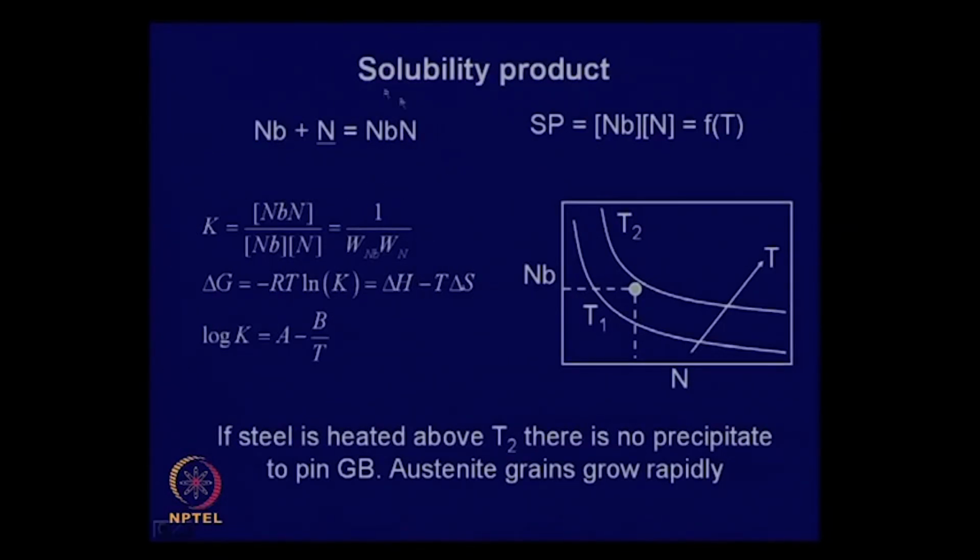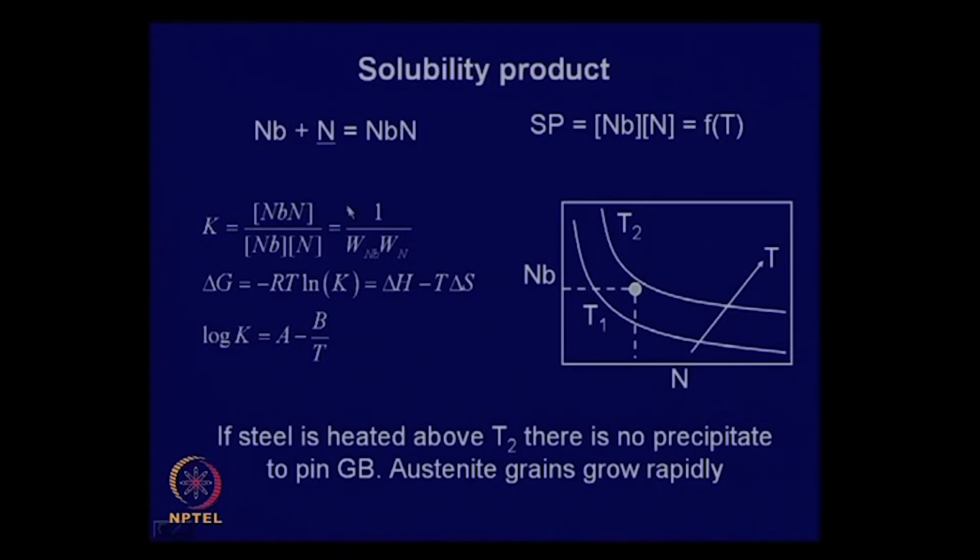If you consider any chemical reaction like this, you have soluble niobium in steel and soluble nitrogen in steel in solid state, and they are in equilibrium with niobium nitride. So, this is the equilibrium constant, and these are the activities of the respective phases. This is dissolved niobium, dissolved nitrogen, and this is the niobium precipitate.